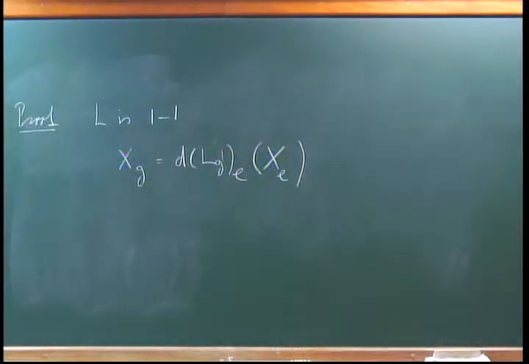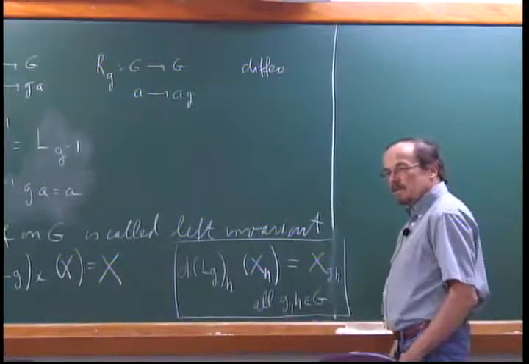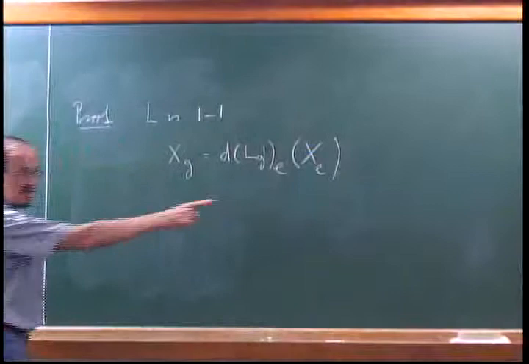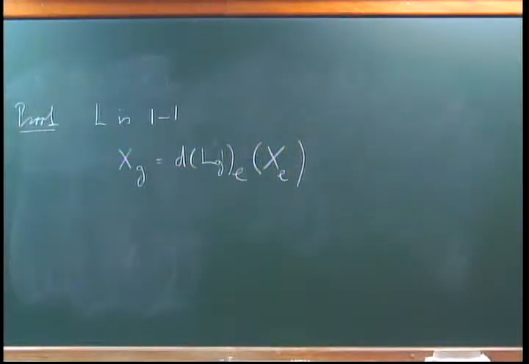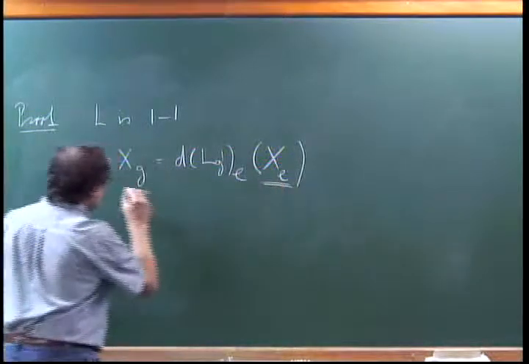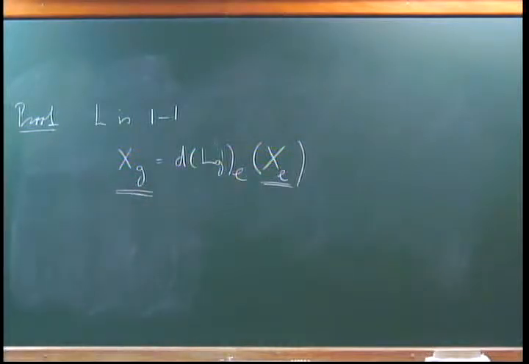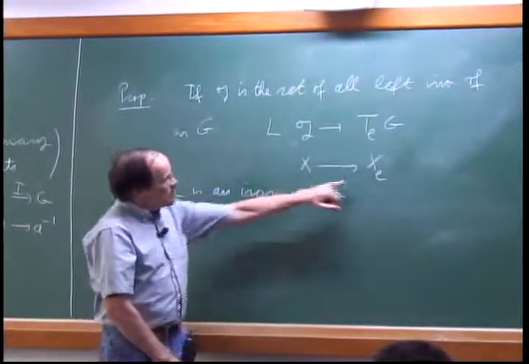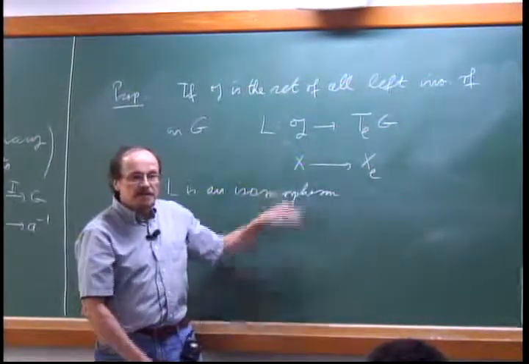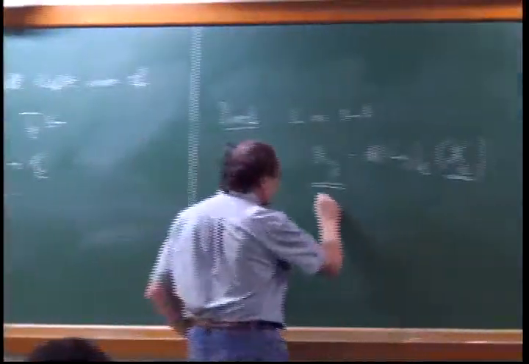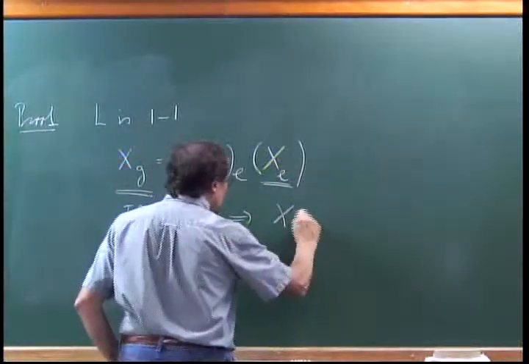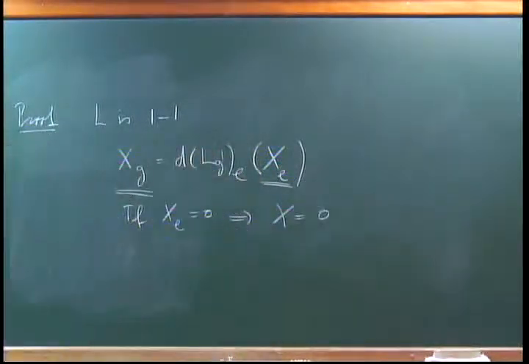So set H equal to identity. This must particularly be satisfied; it's a special case of the definition. So if I know X at the identity, I know X at every point, if it's left invariant. Of course that means that if this is 0, then X is 0. So it's one-to-one.